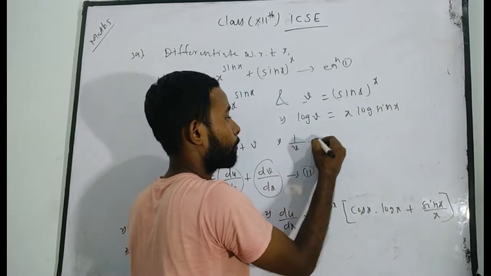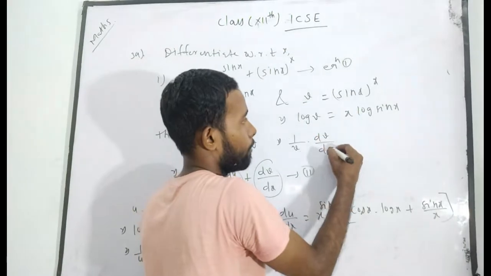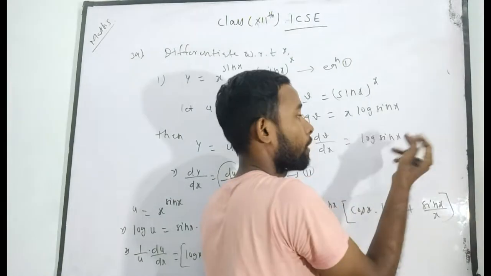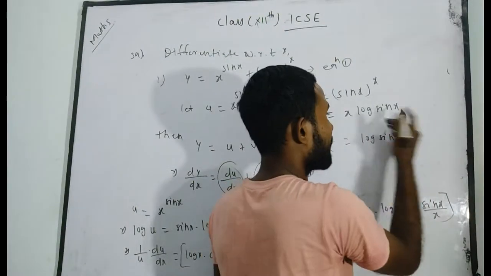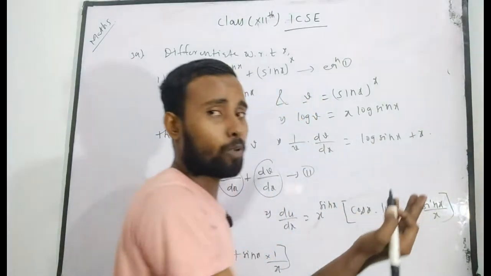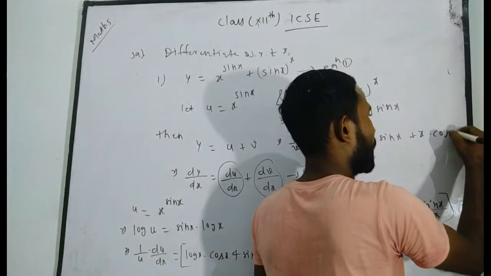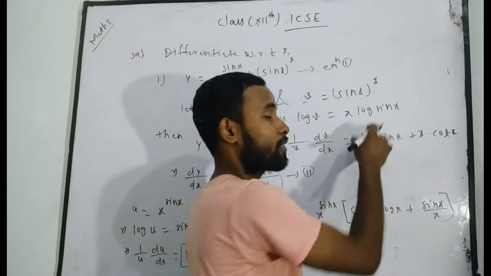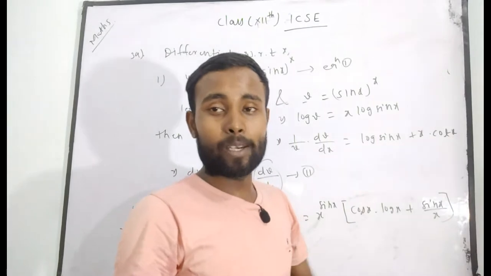You will get 1 upon v into dv/dx, which will be what? Firstly take log sin x out of it and derivative of x will be 1 with respect to x. Again take x out of it and differentiate log sin x with respect to x. Definitely you will get cos x. You will tell me, sir, how? Because this is very easy. Firstly differentiate log sin x with respect to sin x, you will get 1 upon sin x.